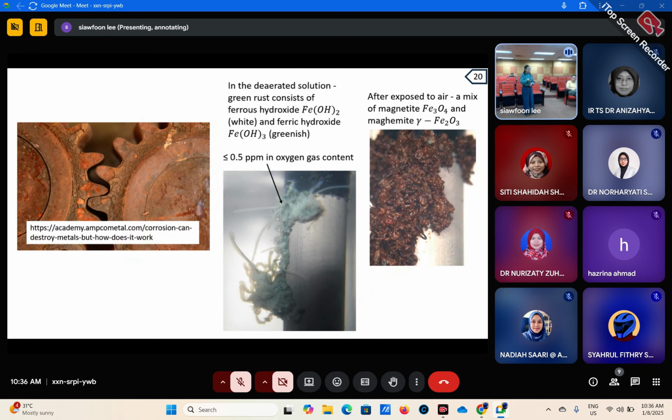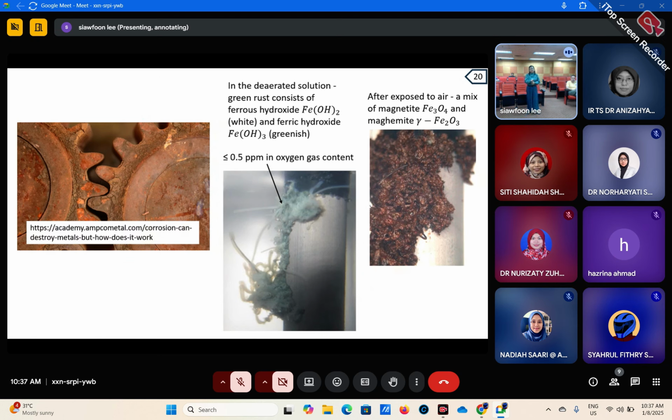So here I show you some examples. For example, this metal here is continuously exposed to the air that contains oxygen and water. So you can see there's a mix of a dark red color and a little bit of black color mixed together. But what happens in an environment where the oxygen content is very, very low, only 0.5 ppm?